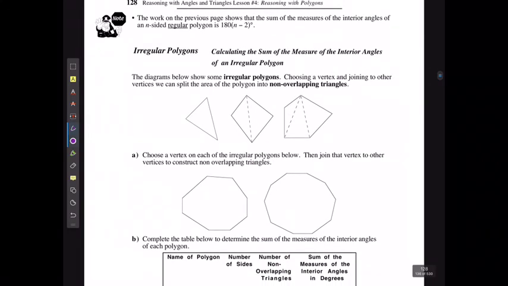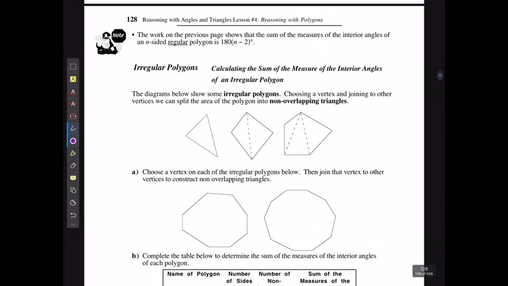Okay. If I'm looking at irregular polygons, we know that for a regular polygon it's always going to be 180 times (n minus 2). Calculating the sum of the measures of the interior angles of an irregular polygon, we can see that in these cases we have some irregular polygons. Choosing a vertex and joining it to other vertices, we can split the area of the polygon into non-overlapping triangles.